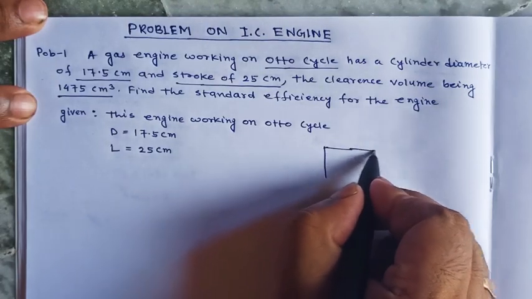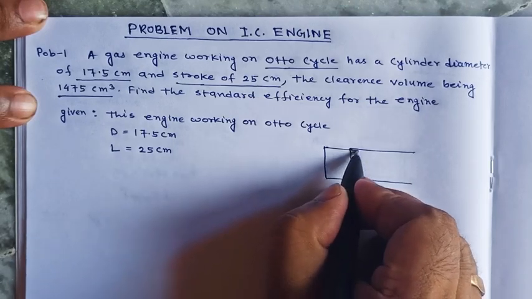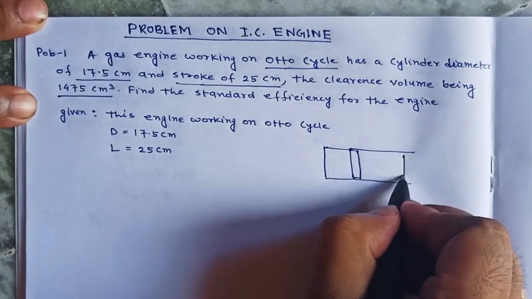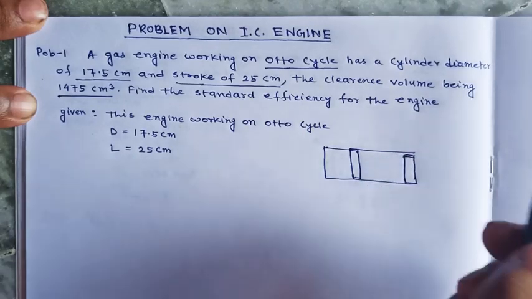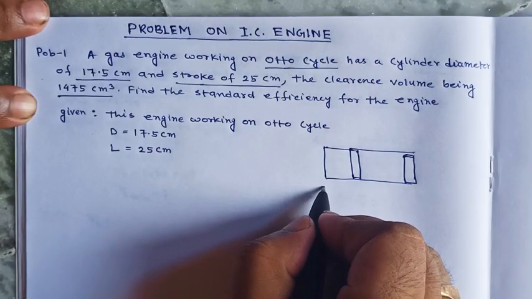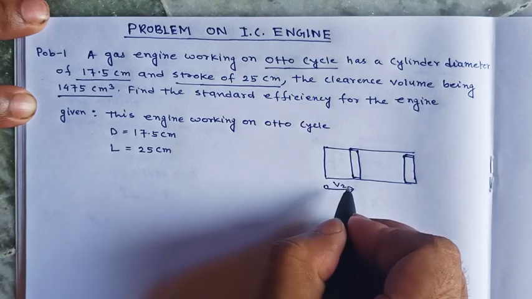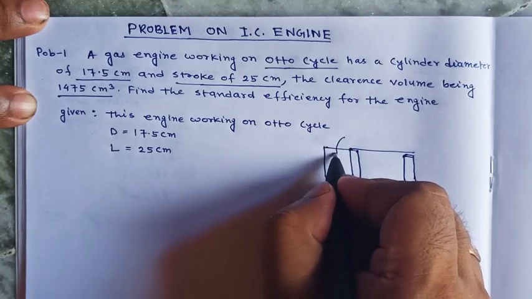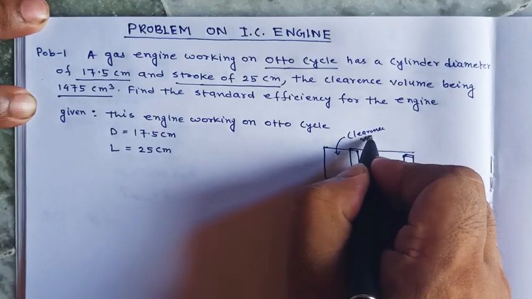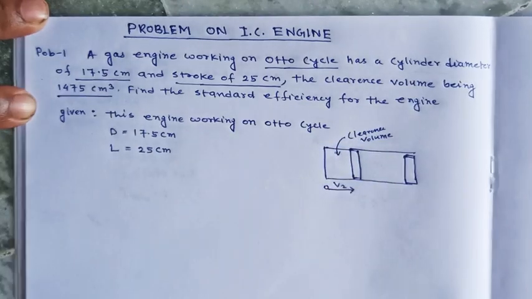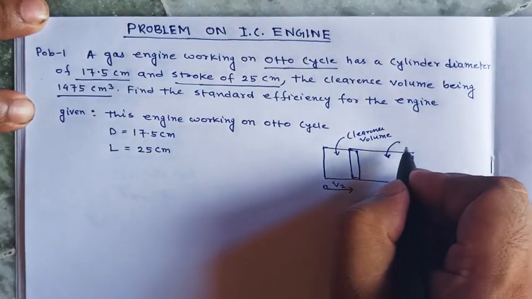This is the cylinder, this is a piston. This piston can move up to that. So if this is 0, this value will be V2. This is the clearance volume and this is swept volume.